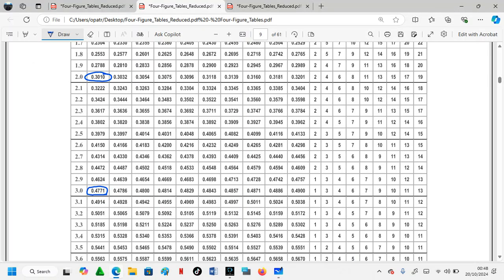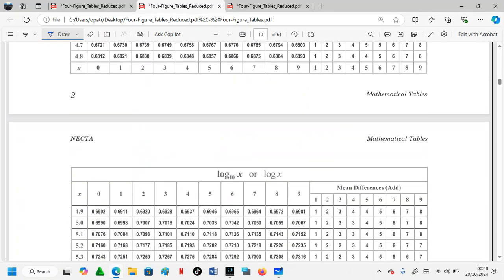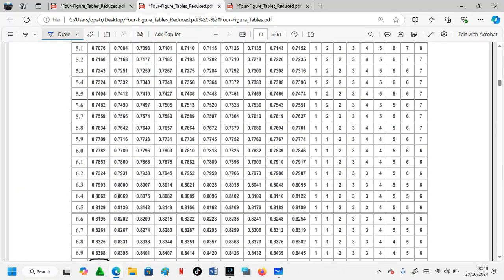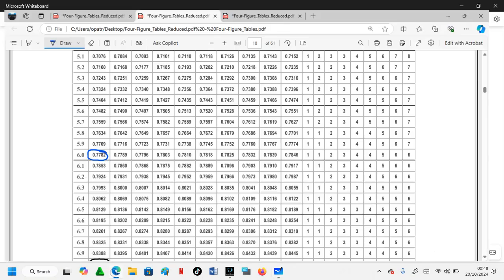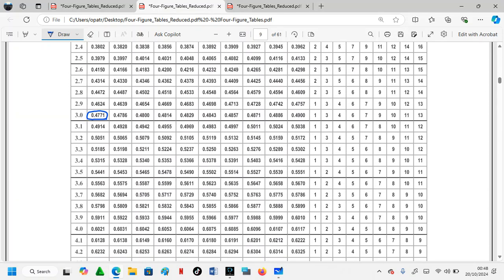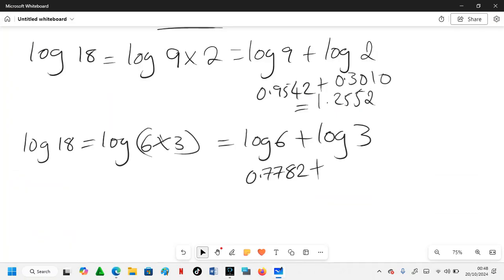The log of 6 is 0.7782, plus the log of 3, 0.4771.